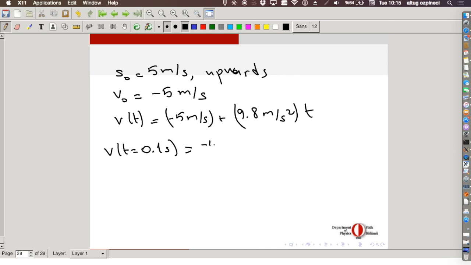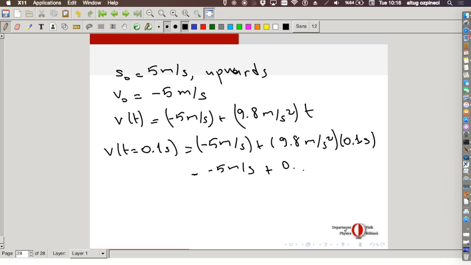It will be minus 5 meters per second plus 9.8 meters per second squared times 0.1 seconds, which is minus 5 meters per second plus 0.98 meters per second, which is approximately minus 4 meters per second.